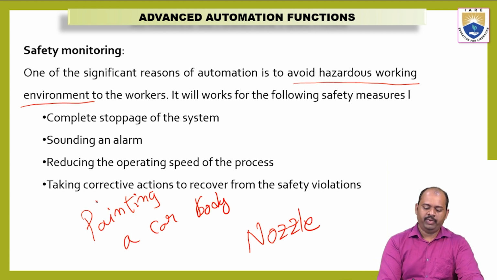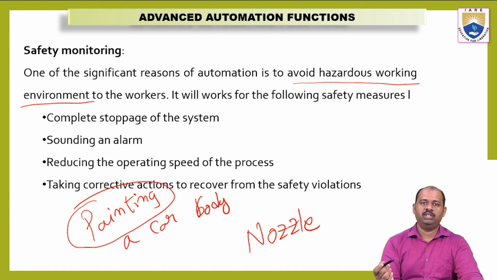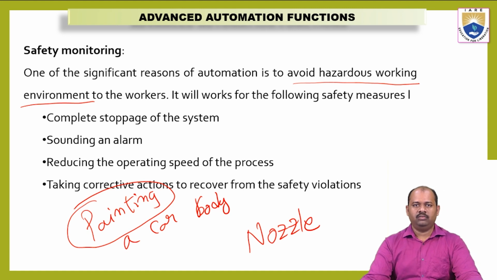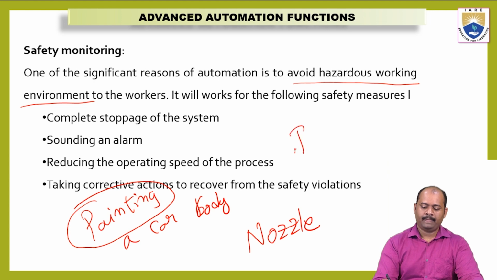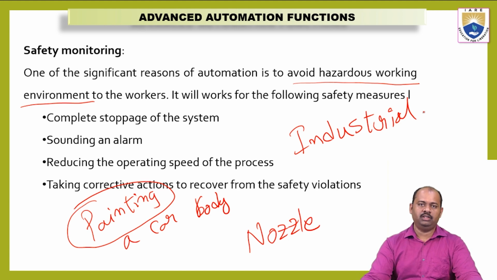That is why painting with spray paint is a very hazardous environment where human beings are not allowed to work. That is why we have replaced human beings with robots. We will use industrial robots where the painting job will be done by these robots, because painting is no longer a safe process for human beings.